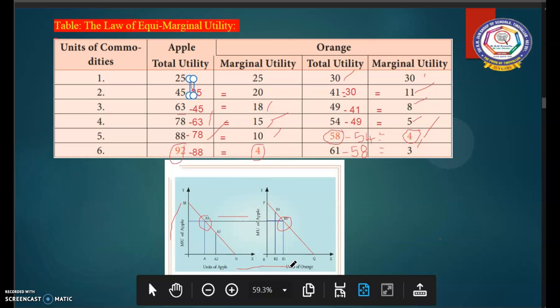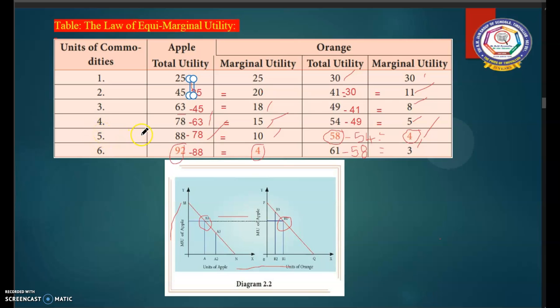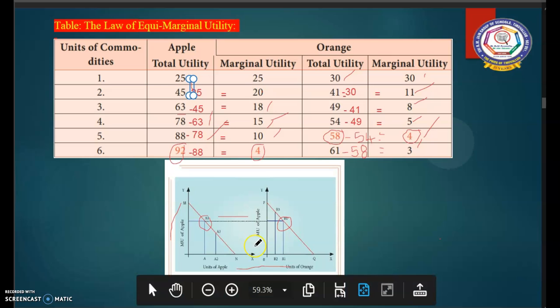If the consumer spends rupees 6 on apple and 5 on orange, the marginal utilities of both are equal, that is 4 and 4. So if we mark the same in the graphical representation, this is the maximum utility a consumer gets with his available income.